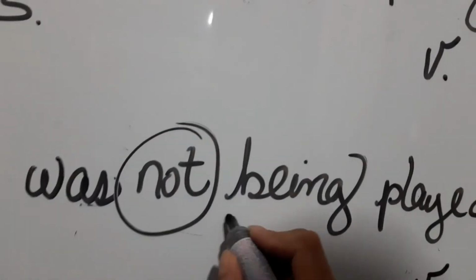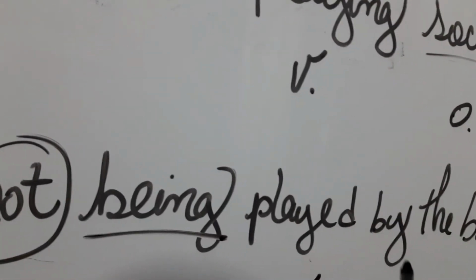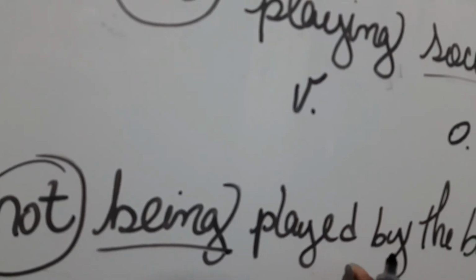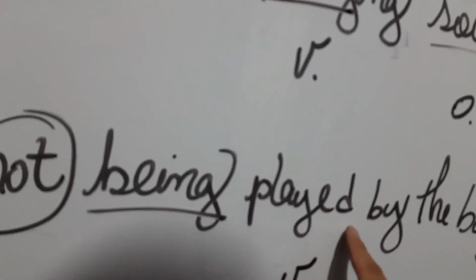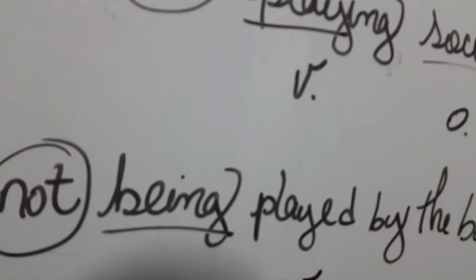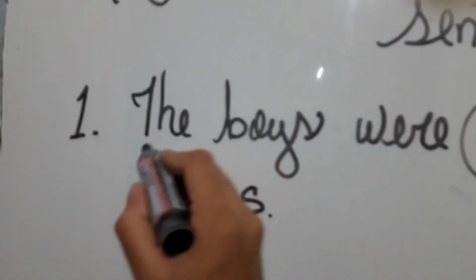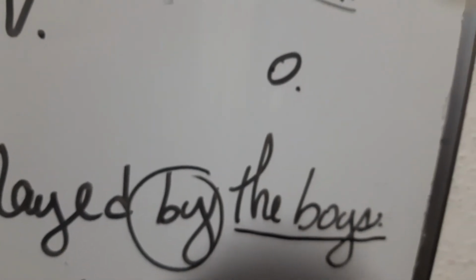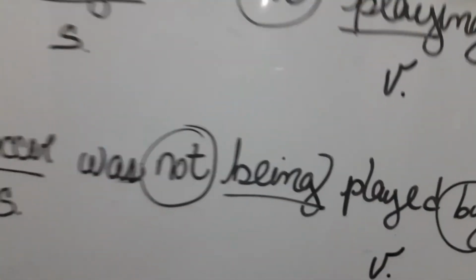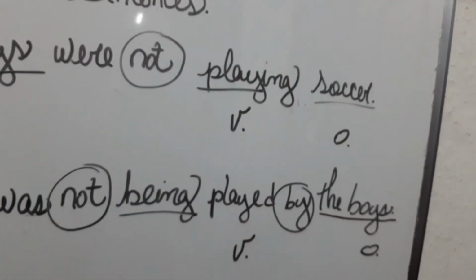Then we add being and the third form of the verb. The verb is play, so we add ed to the verb, that is the third form of play. Then we add by, and at last the subject of the active voice sentence, that is the boys. Now it is the object of the passive voice sentence. Soccer was not being played by the boys.